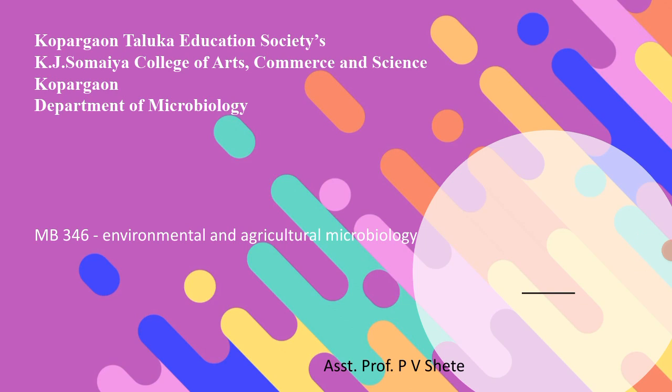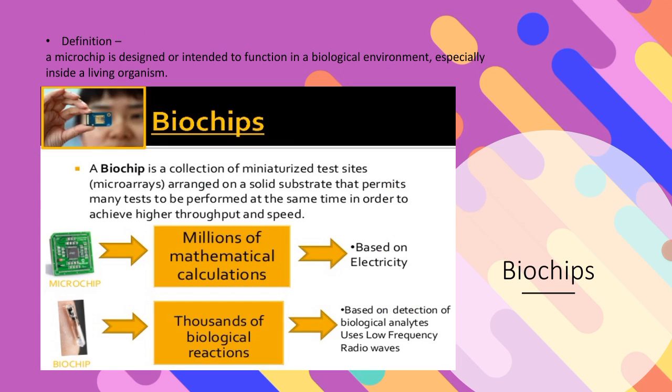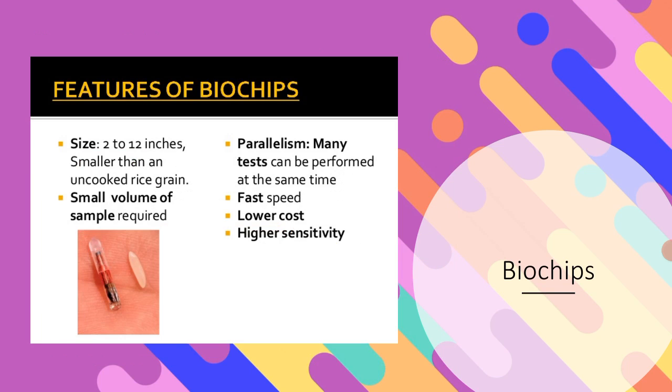In the last online lecture, we started the topic of the biochips. So we will continue that topic in this lecture also. In the last class, we saw what biochips are, how they function, and the unique features of the biochips.